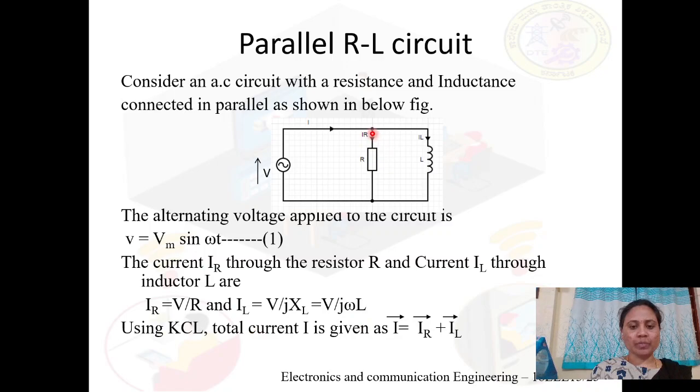By applying KCL at this node or junction, we can write I as IR plus IL. Here again, since it is an AC circuit, we have to consider vector addition rather than simple arithmetic addition.